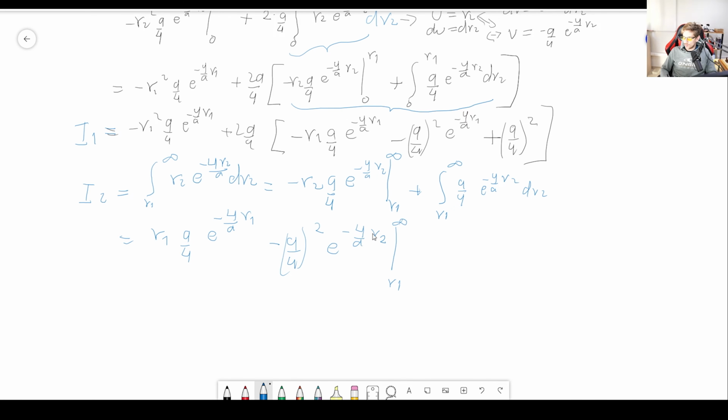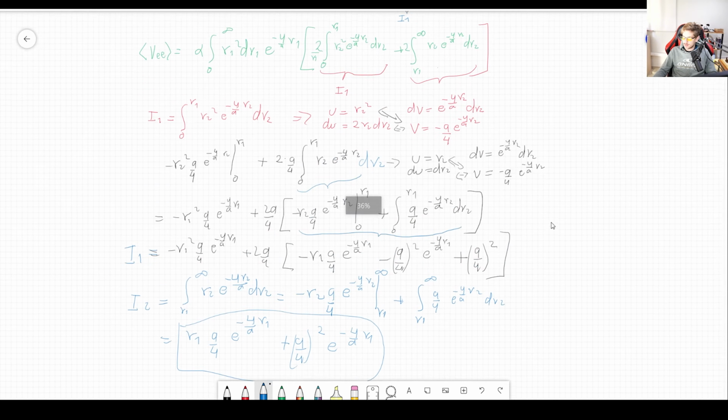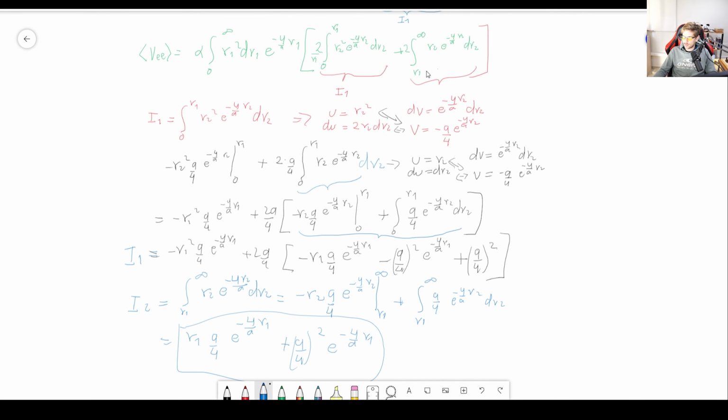And when it goes to r1, then it doesn't go to 0, so in that case we will have to count. So this will be positive, and this will be r1. This is our other integral, so now we have the result for this integral and for this integral.